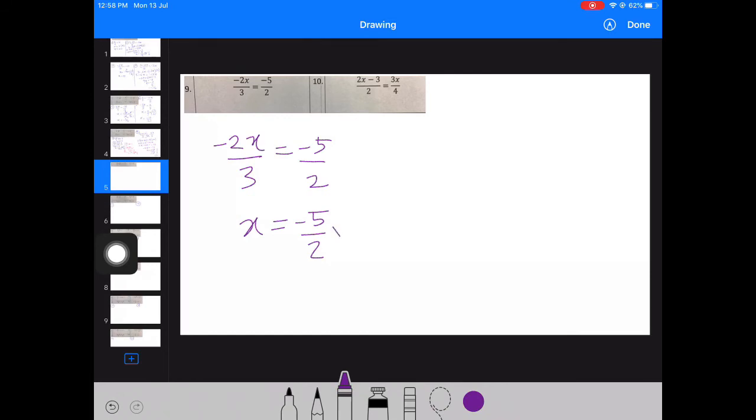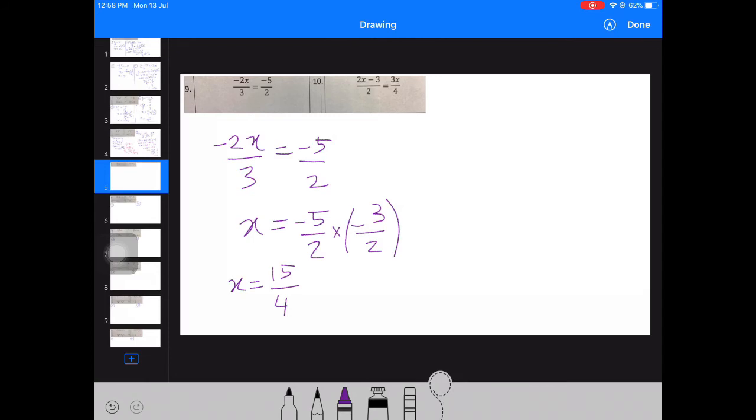So it's multiply negative 3 over 2. Okay, so we cannot simplify anymore. So x equals to negative times negative is positive. So it's 15 over 4.